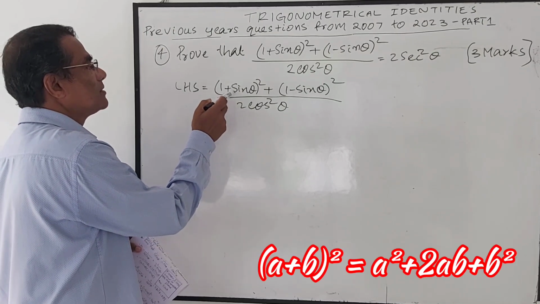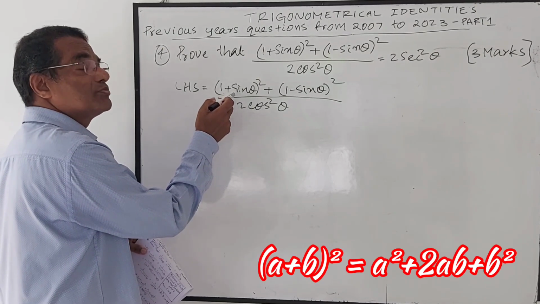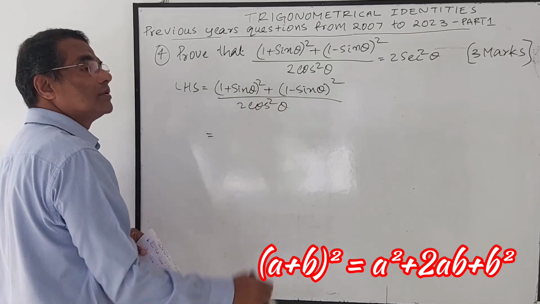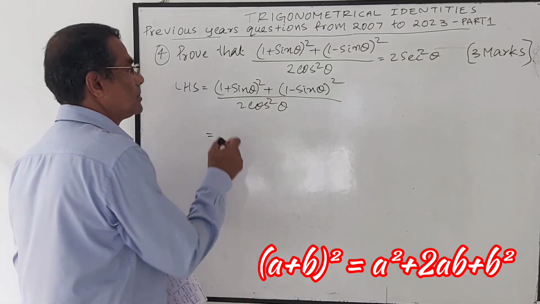Expand using a plus b whole square for this one and a minus b whole square for this one.